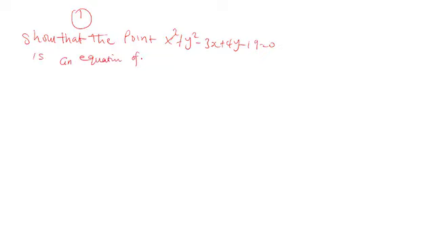Show that the point on x squared plus y squared minus 3x plus 4y minus 19 equals 0 lies on the circle, and that this is the equation of a circle.